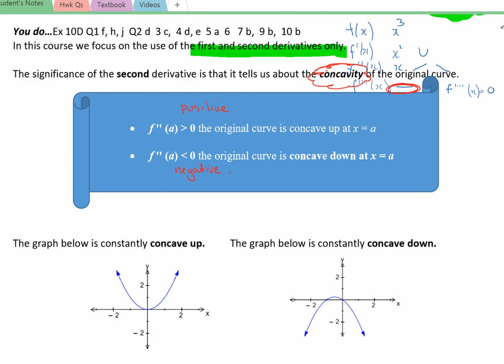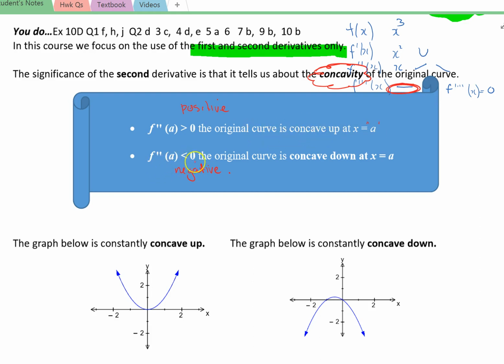Now, we work out the concavity at a particular point, and that particular point we've just abstractly named as A. So this says the value of the second derivative at some x value called A, if it ends up being positive, so you've substituted some x value into your second derivative, and you've evaluated that and come out with a positive number, then what it means is that at x is A, the graph is definitely concave up.